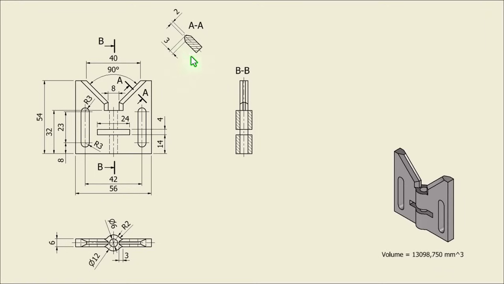Okay. Now you see here two chamfers. Here 3 is 1 dimension, and if this is 6, the other dimension is (6 minus 2) divided by 2, which means 2 millimeters.